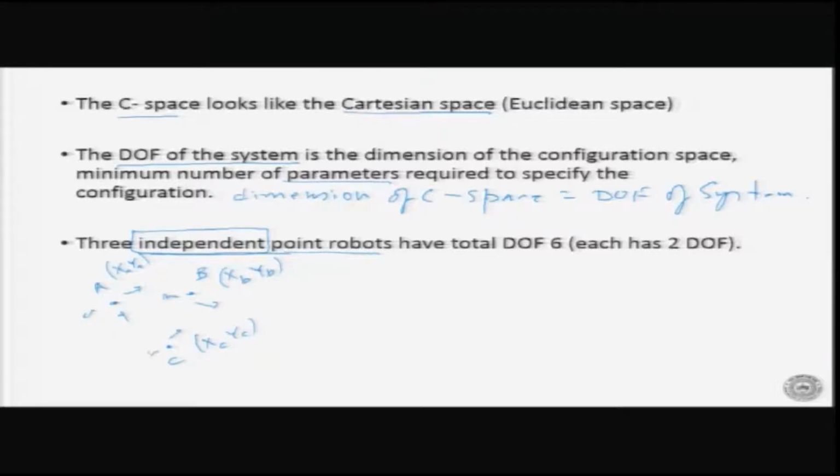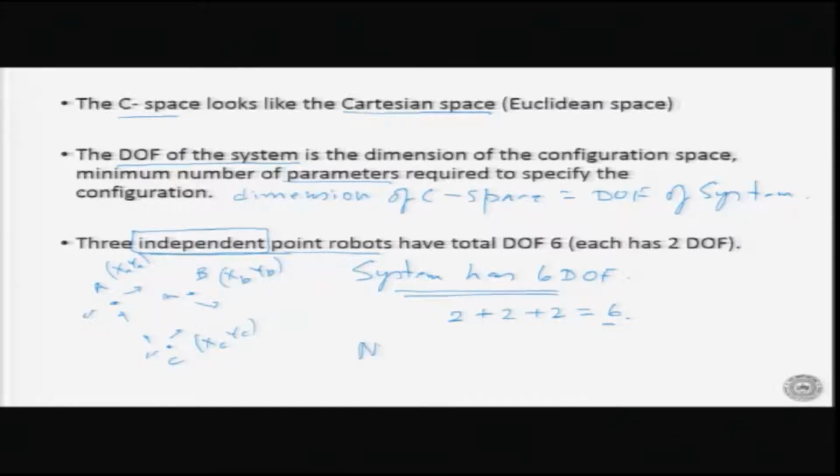Now, if we say that this is a system, then the total system has 6 degrees of freedom. There are 3 of them having 2 degrees of freedom each. So, how did we get 6? Each of these fellows has 2, so 2 plus 2 plus 2 is equal to 6, and there is no connection between them.